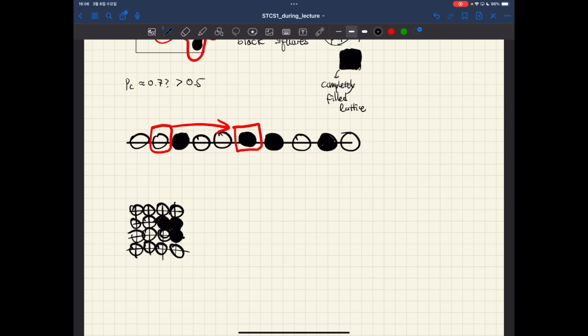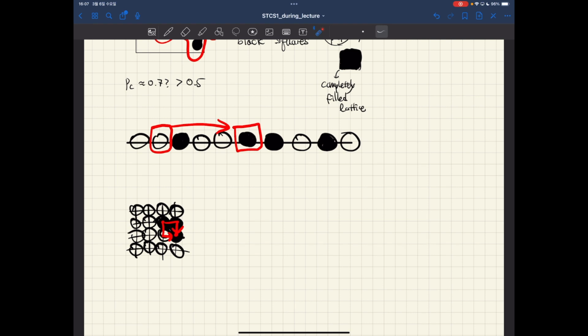let's consider this example. For a two-dimensional system, if you wish to go from here to here, you have this path or this path. If you study this lower left path, it is not occupied. So you may make the wrong conclusion that these two sites are not connected.